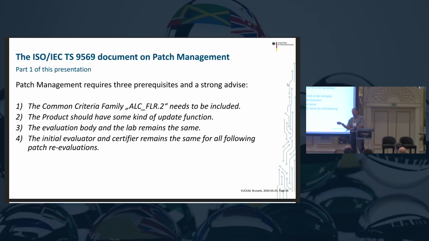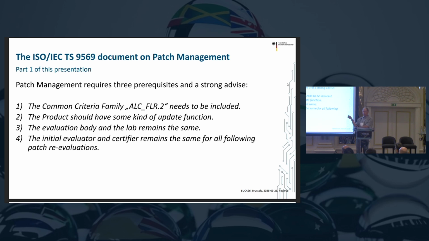After all, it is patch management, and there should be updates involved because somehow the patches have to come into the product. However, I wrote "should," I did not write "must," and I had some talks about this already because the Common Criteria is very broad and can cover any kind of IT security product. And the same should be said about the ISO document. There are more and more products that have a real justification why they do not have update functions.